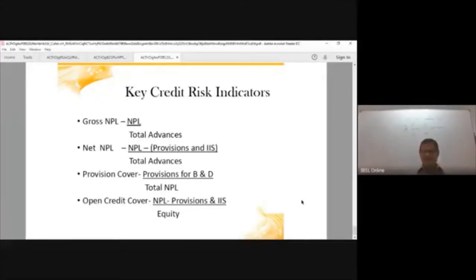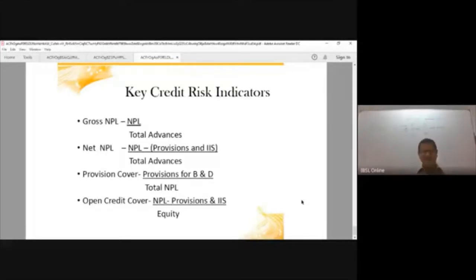So making provisions for your bad debts will give you a cover where, when the situation really goes bad with the loan, you can reverse your provisions and not suffer further losses on your P&L.